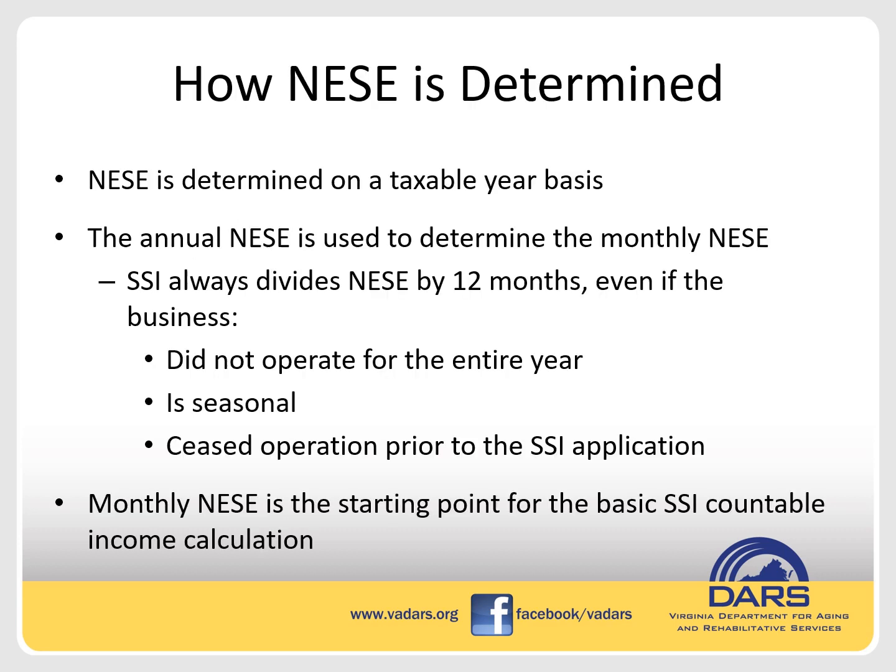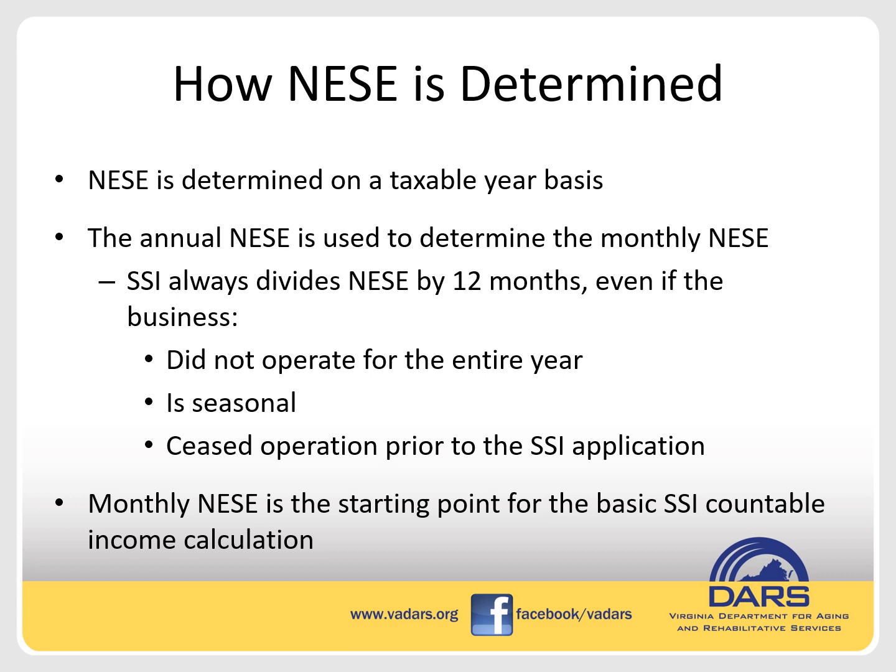So when Social Security looks at how to determine net income from self-employment for an SSI self-employment case, they look at a couple different things. Number one, the net earnings from self-employment, or NESE, is determined on a taxable year basis. So in other words, they're looking at what the person's projected income is going to be for the whole year.